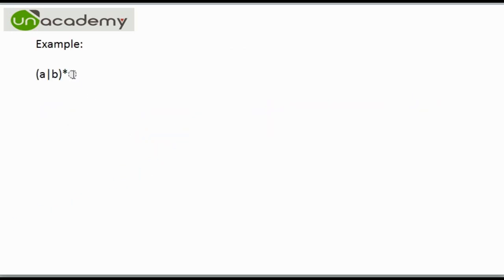So this is a regular expression given to us: (A or B), 0 or more occurrences. To construct the DFA for this given regular expression, we have a start state that leads to a state 1. Now we have two input alphabets.